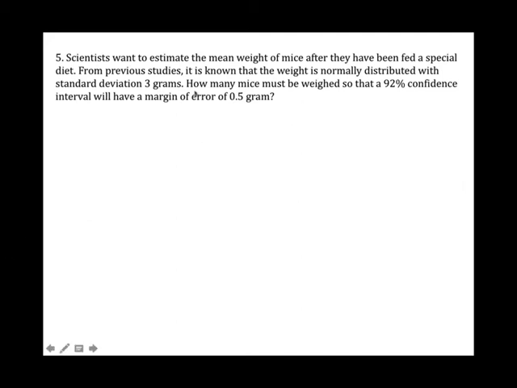So first, how many mice here? We want to determine the sample size. And then they gave the 92% confidence level. So first step, I need you guys to find the critical value. Okay, 92% confidence level. Find the critical value.